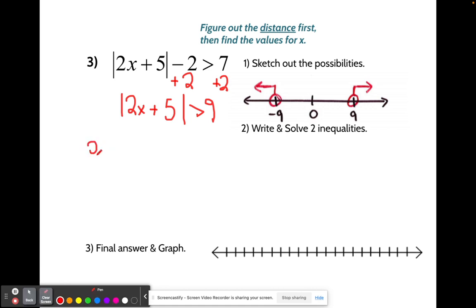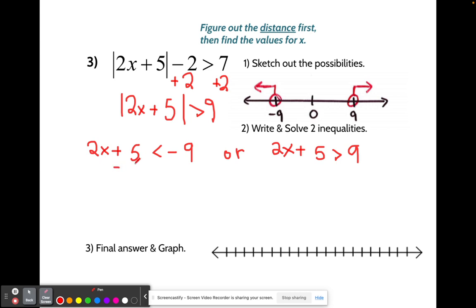So 2x plus 5, as I just said, can be less than negative 9, or 2x plus 5 can be greater than, I'm really emphasizing the "or," 9.